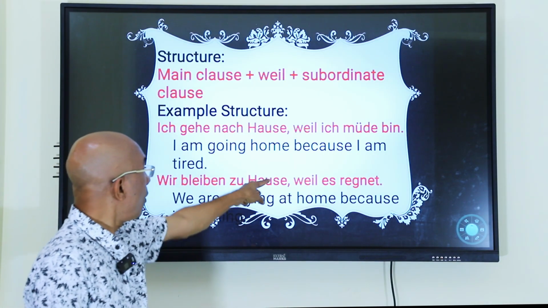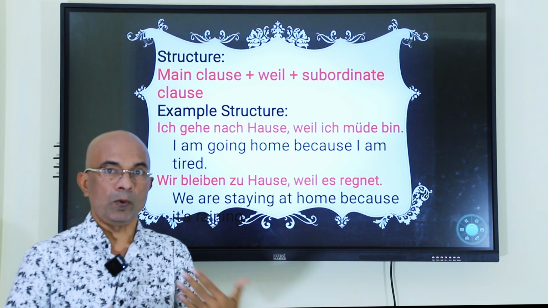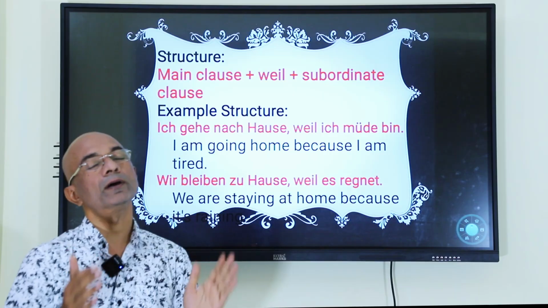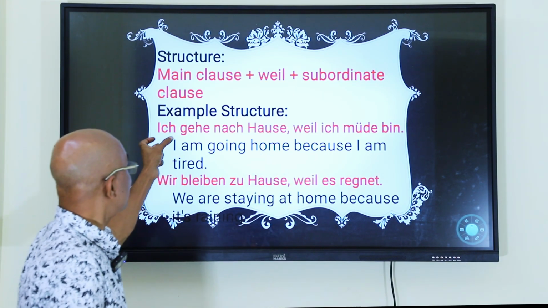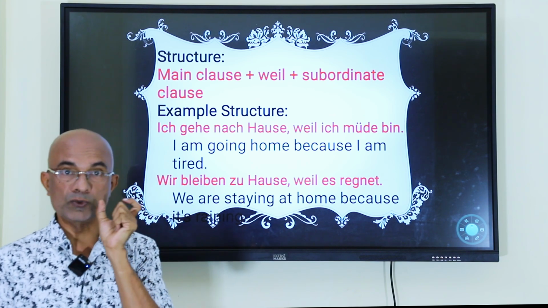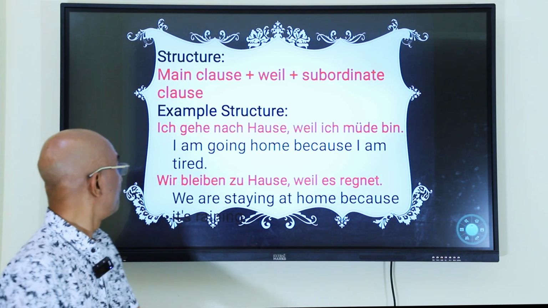I am going home because I am tired. I am going home. Why am I going home? Because I am tired. So that is the usage of "weil". Ich gehe nach Hause, weil ich müde bin.